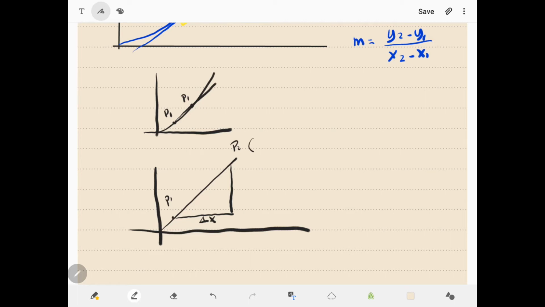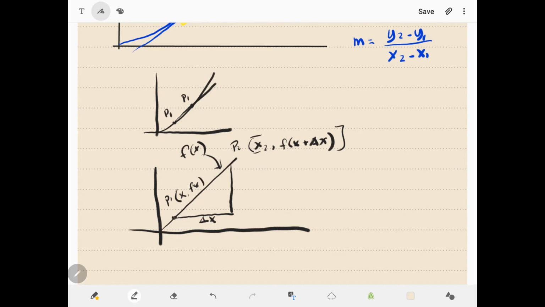P2's x is x2 and the y is, since this is f of x, the function of x plus delta x. This is now the y2 of P2. P1 here is x and f of x.